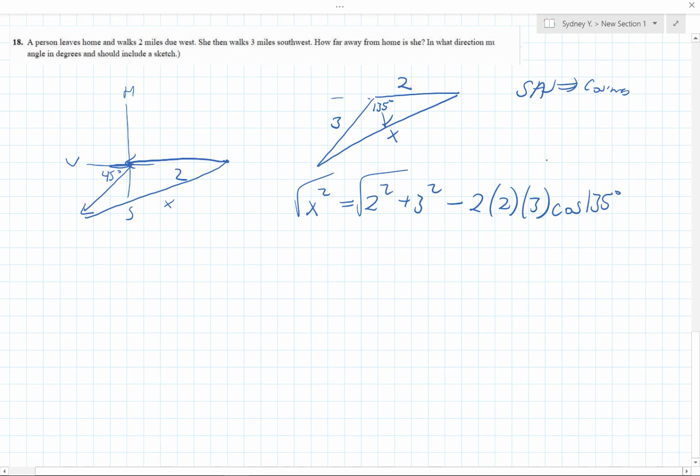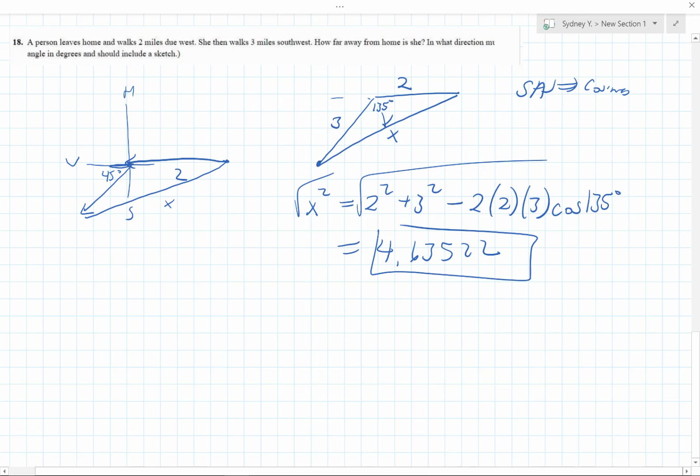I take the square root of both sides, and I'm going to type in the square root of 2 squared plus 3 squared minus 2 times 3 times the cosine of 135, making sure I'm in degree mode, and I'm getting 4.63522. And that's how far she is from home.